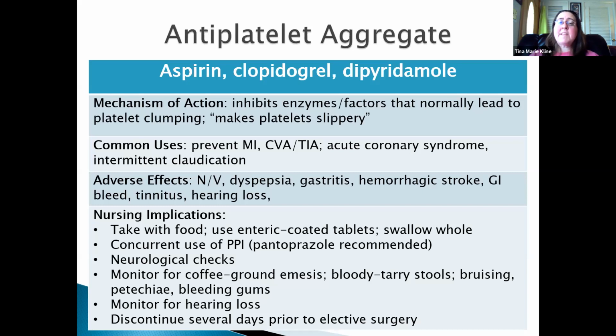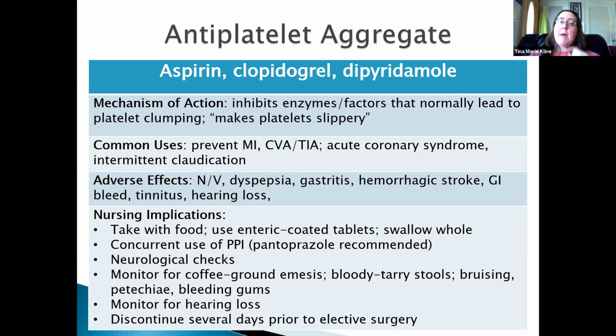So when we talk about these concepts of PAD, they're also the same ideas that lead to a heart attack or lead to an ischemic stroke. Okay, so it's really important that you kind of look at this from a broad perspective, because this is going to circle back in Unit 6.